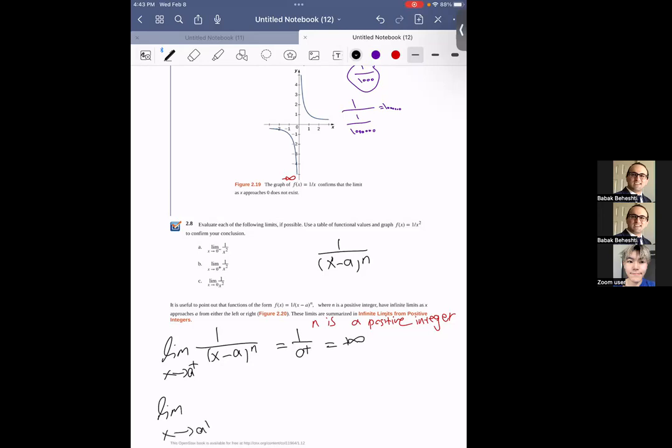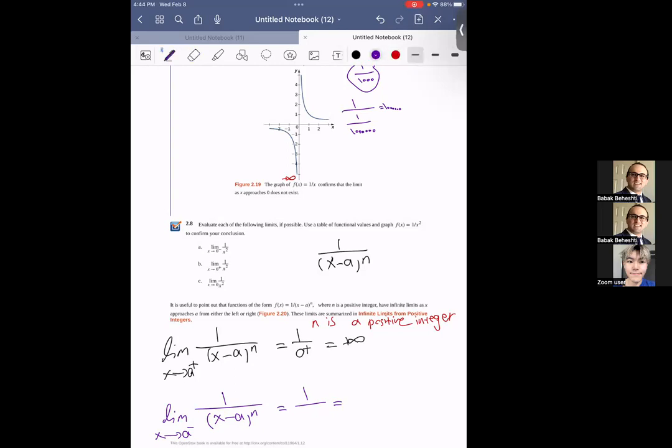x goes to a minus. Let me write it with another color. So the limit of 1 over (x minus a) to the power n is 1 over, oh, by the way, it's not 0 minus, my bad.